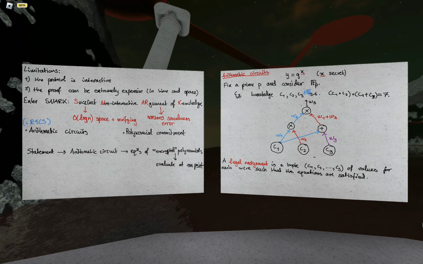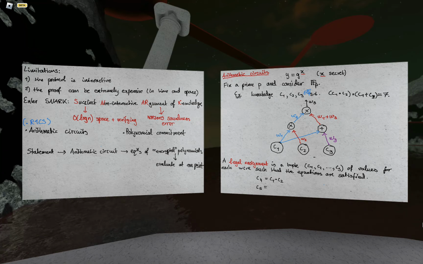So in particular, we have W4, that should be W1 times W2. So that's one constraint: C4 equals C1 times C2. I similarly have C5 equal to C4 times C1 plus C3.